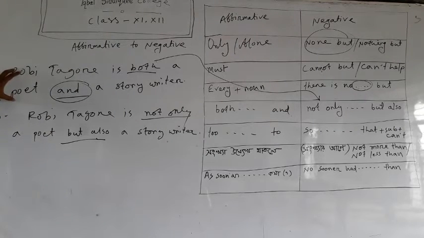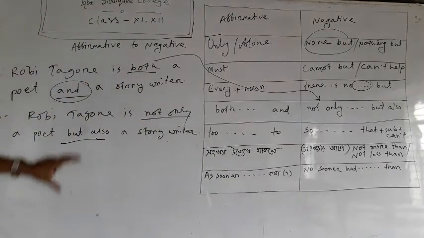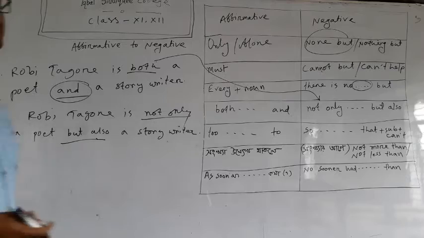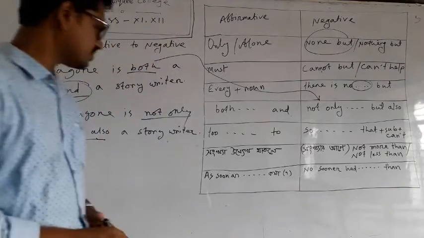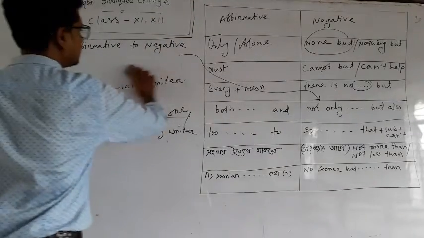This one was an affirmative sentence and we have made it successfully a negative sentence. The sentence was Tagore is both a poet and a story writer, and we make it negative: Tagore is not only a poet but also a story writer. Look, the meaning is the same, but the sentence pattern, the type of sentence, is different. It was affirmative, and it has become a negative sentence. And there is another part. We will go to the next part.